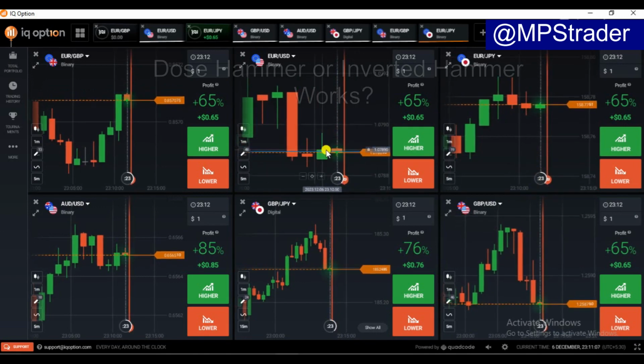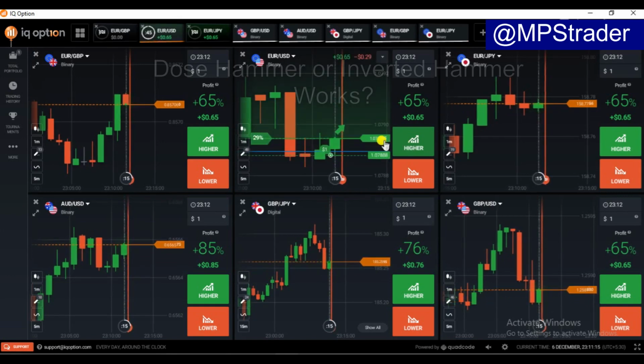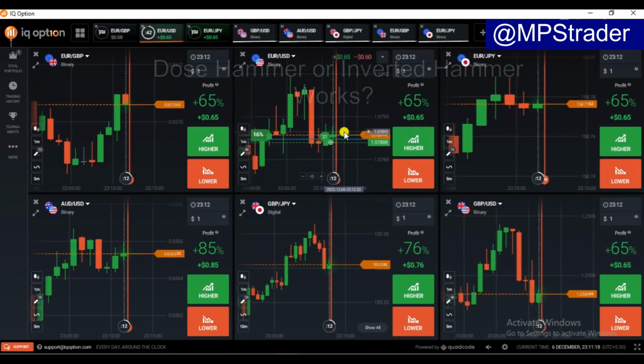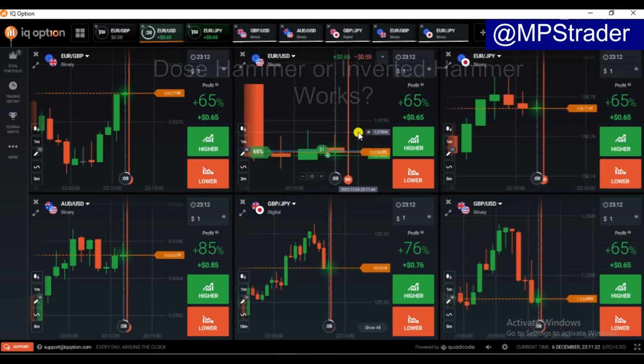Okay, now this is a hammer, Euro USD. Okay, I think the market will... Okay, it's reversing at an inverted hammer. Let's see what will happen.